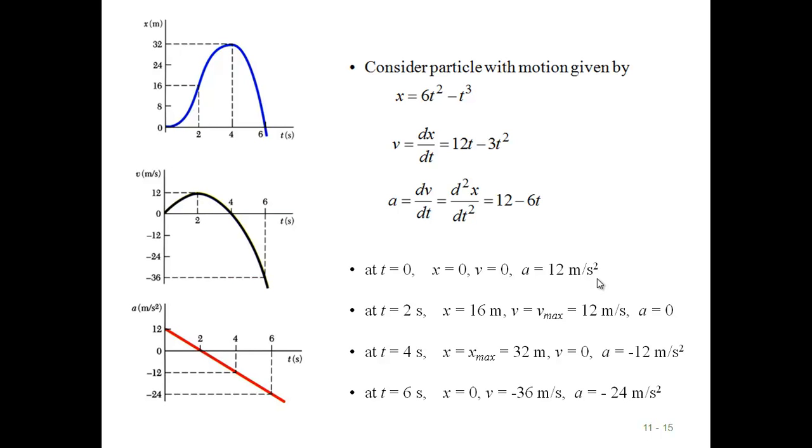The meaning of that is the particle is accelerating and moves in the negative direction with increasing speed. Please take a note of this. Negative direction, that is very important.